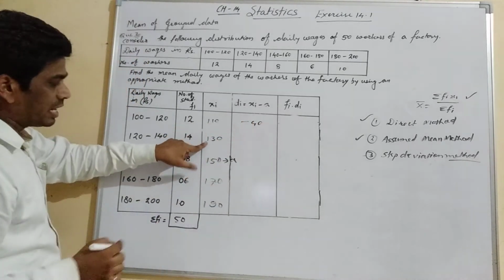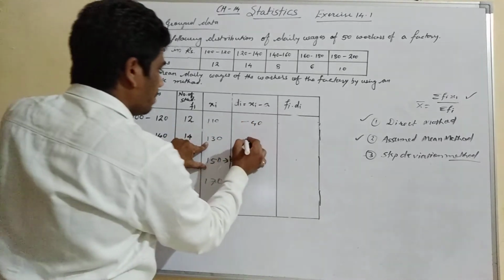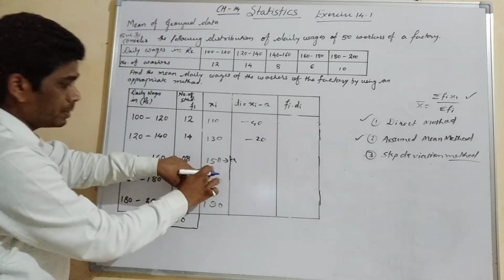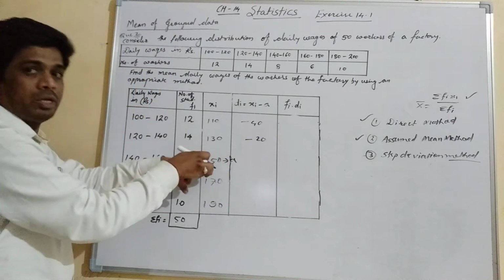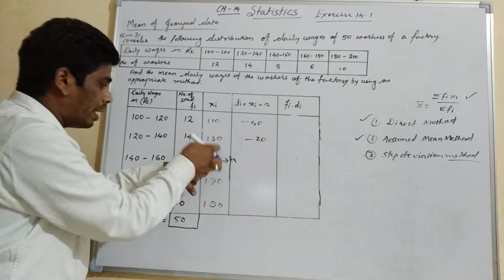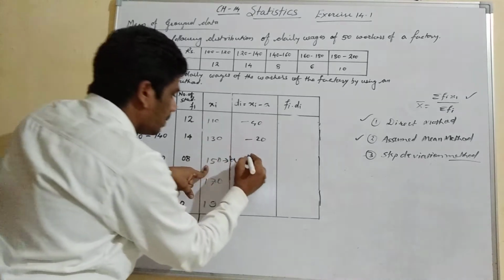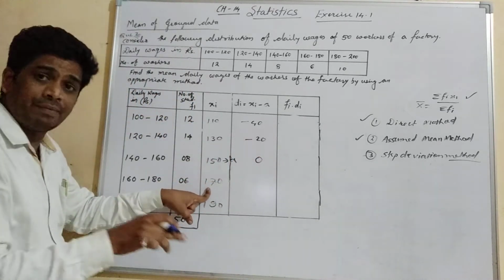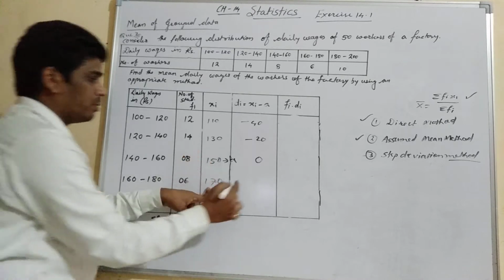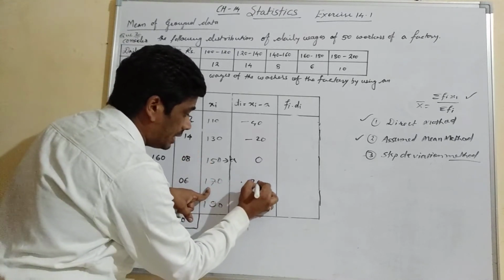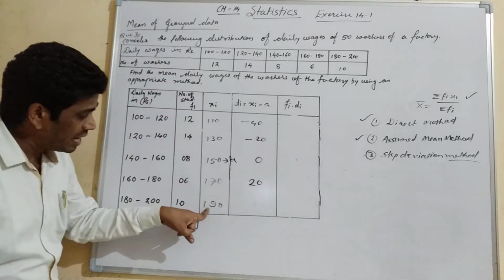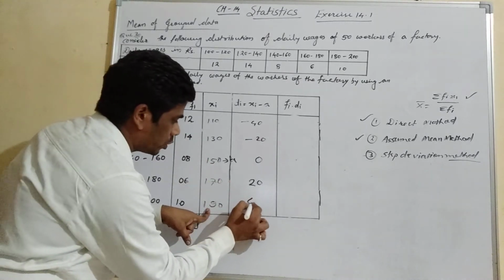Then 130 minus 150, it will be minus 20. And 150 minus 150, it will be 0. Then 170 minus 150, it will be positive 20. And 190 minus 150, it will be positive 40.